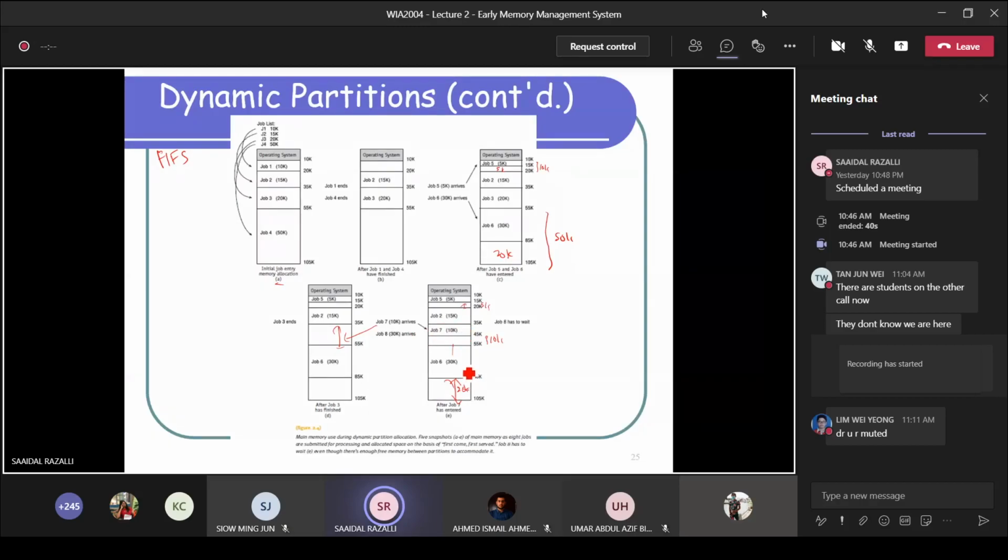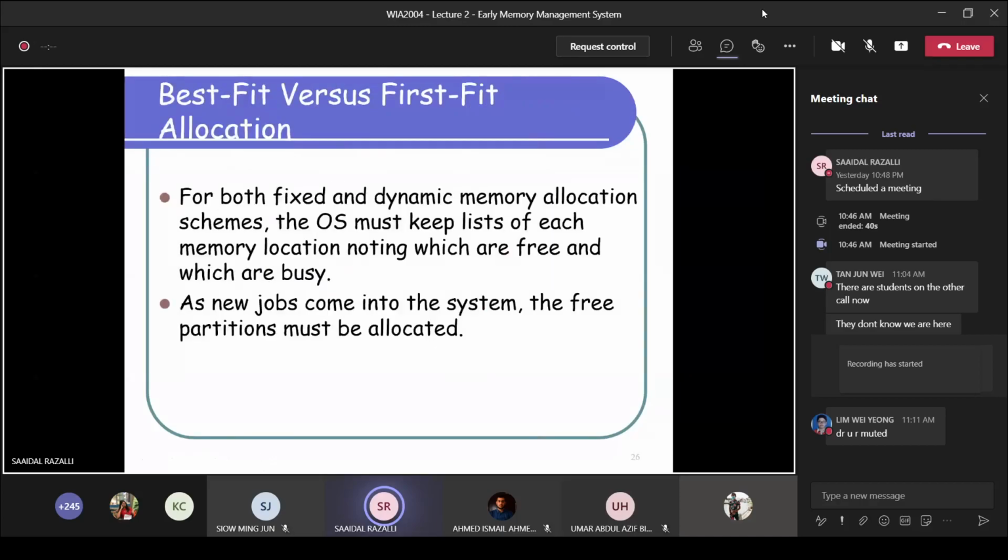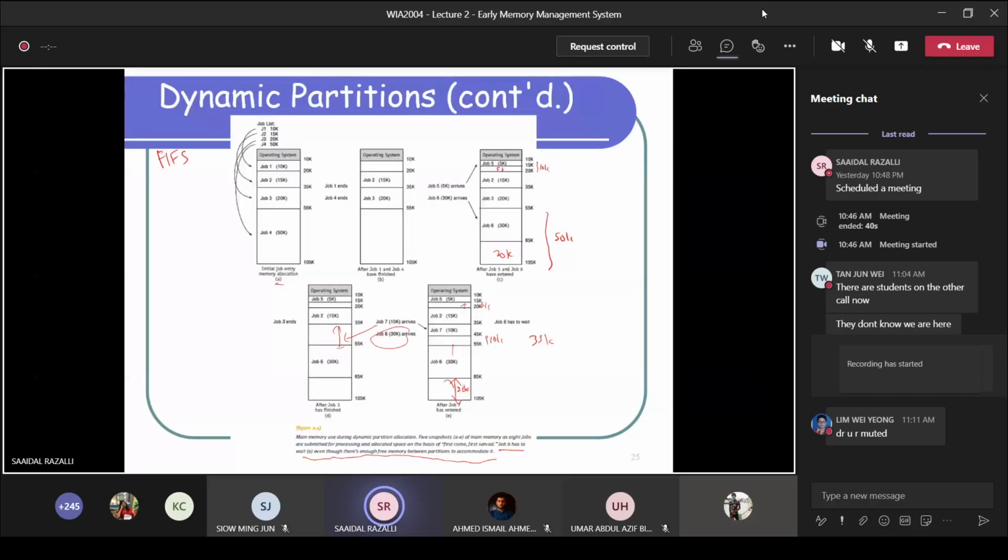So job 8 has to wait even though there is enough free memory between partitions to accommodate it. The free memory is 35K, but it is spread across different blocks or partitions. In a system, we want to minimize waiting time.